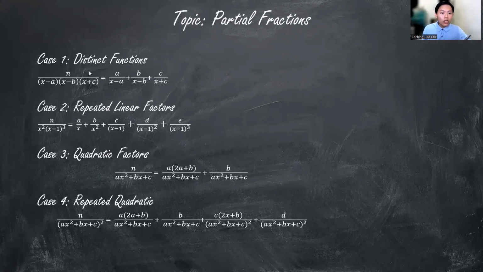But if you can distinguish each factor, each variable, and each number, you can use case 1. And if the quadratic factor is repeated, like here it's squared, but it can also be cubed or raised to 4 or raised to 5, you can use case 4. Now, let's try to answer some simple questions.